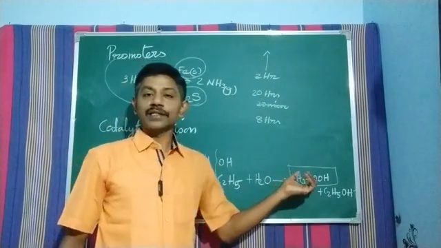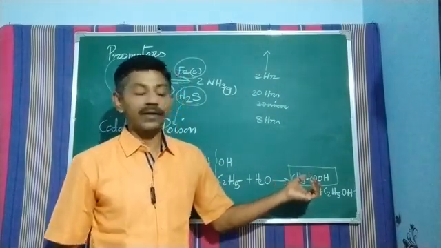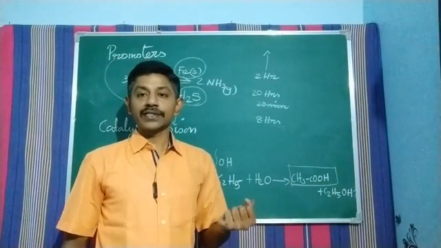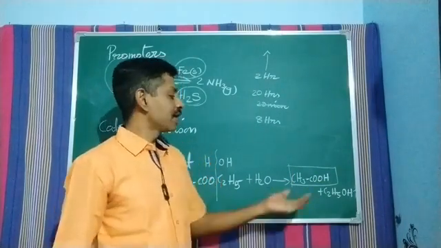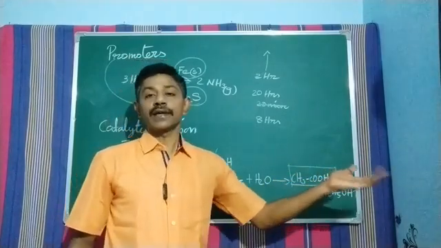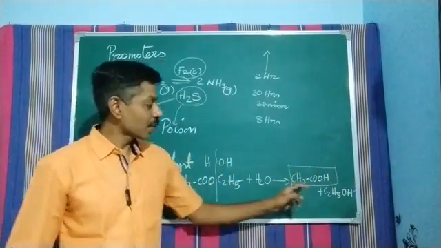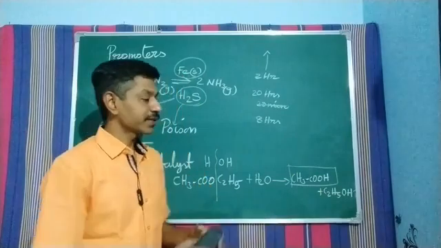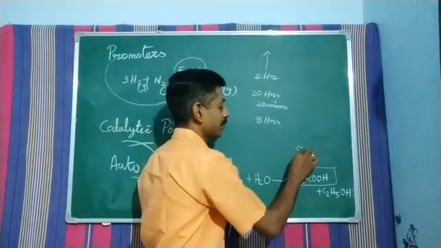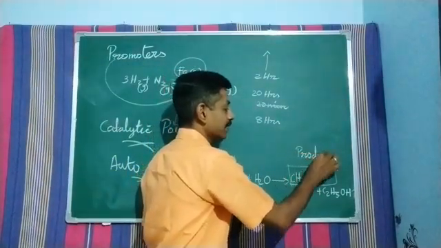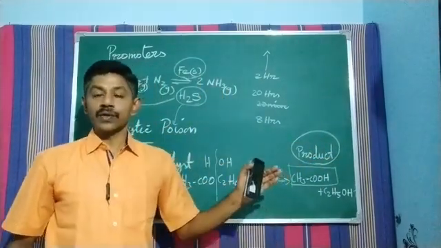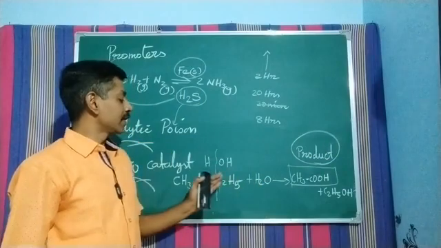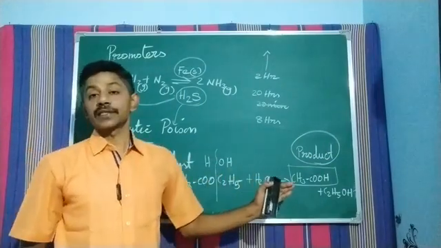Once one of the products is formed on the right hand side, automatically the reaction will receive the catalyst for its own reaction and start going at a faster rate. So one of the products formed during the course of the reaction will increase the speed of the reaction.